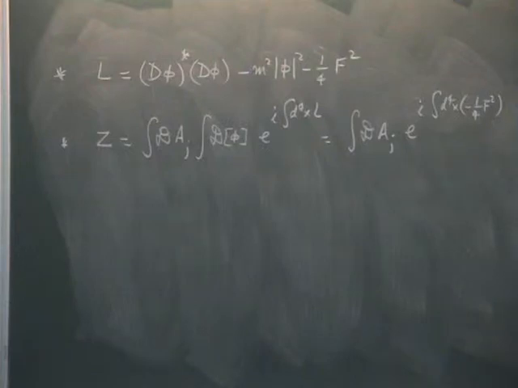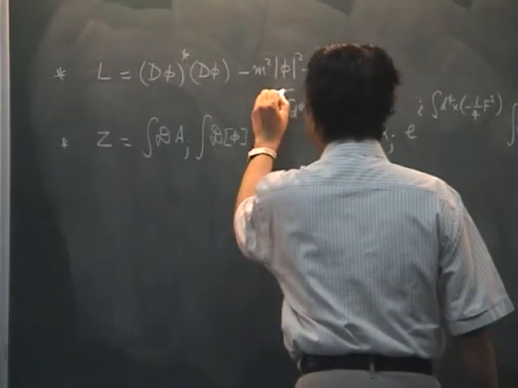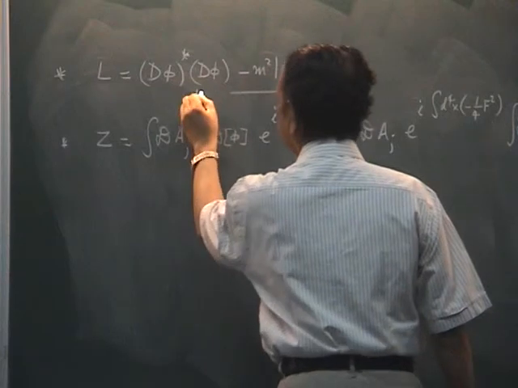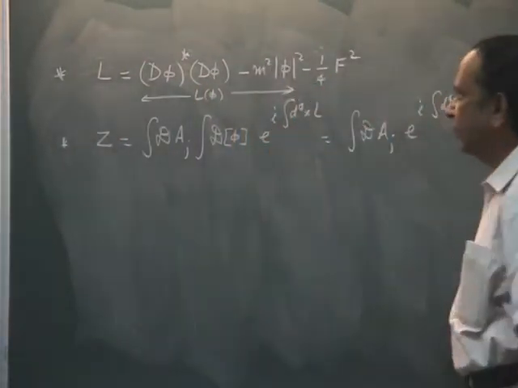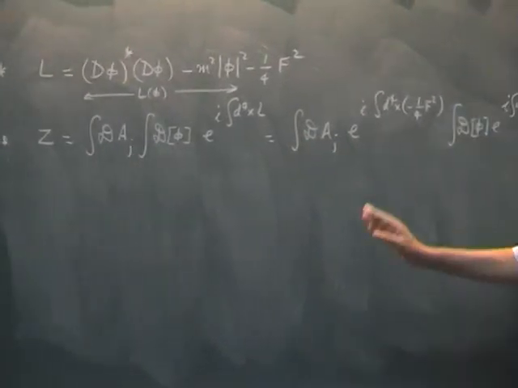Then you will do an integral over d phi and d phi star of e to the i integral d4x of the Lagrangian for phi, let me just write it as L of phi. So this L of phi is these two terms, and this is the L for the electromagnetic field. Okay, this is what we want to compute.